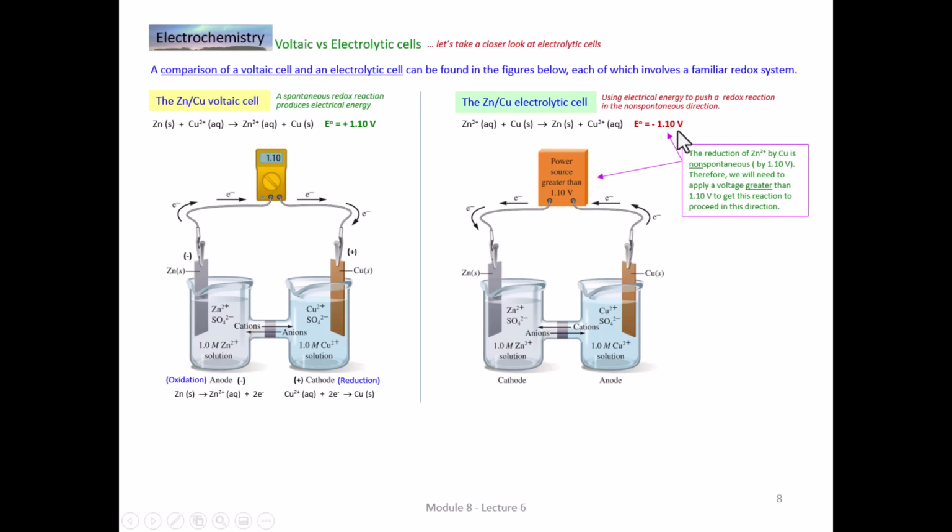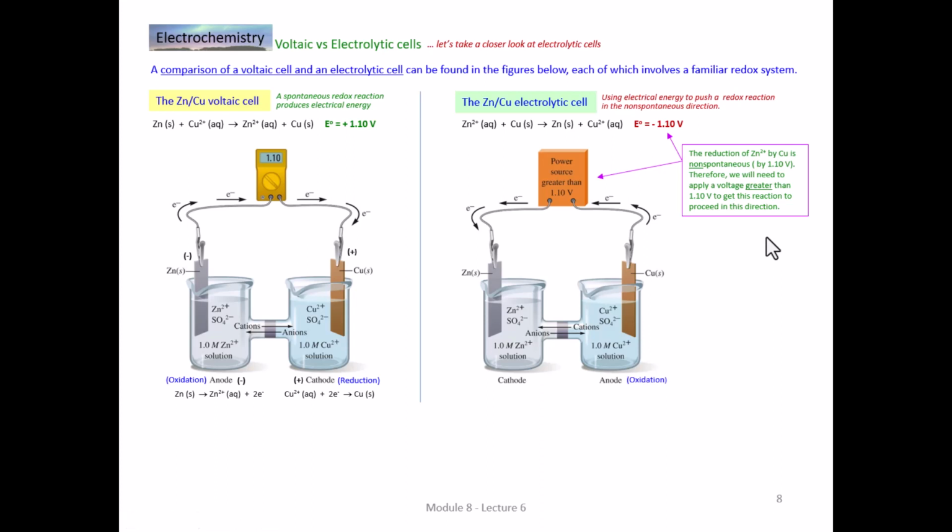So if we want to drive this reaction, which is again the reverse reaction of the one we started with in the voltaic cell, we're going to have to overcome that 1.1 volt deficit. So we'll have to put more than a potential of greater than 1.1 volts to drive it backwards.